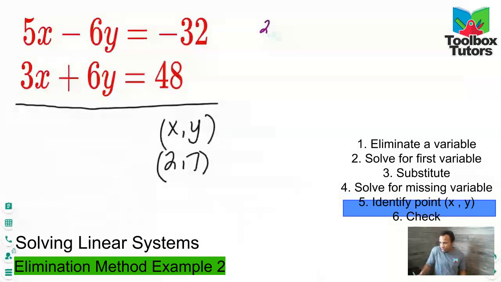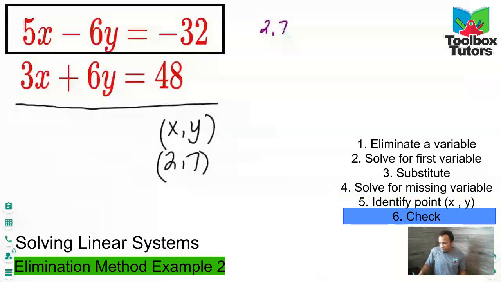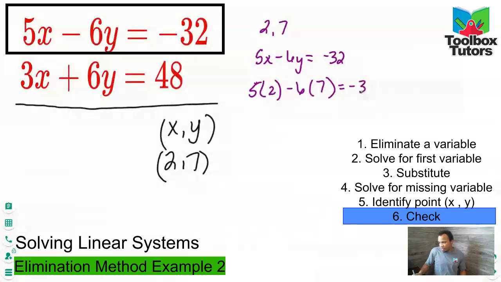Once again, (2, 7), and we'll plug it into this first equation first. 5x minus 6y equals negative 32. So now we know x equals 2. So we have 5 times 2 minus 6 times parentheses 7 equals negative 32. So now 5 times 2 gives us 10.